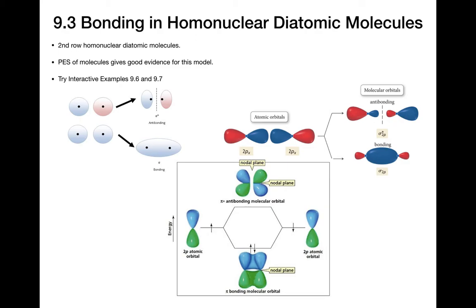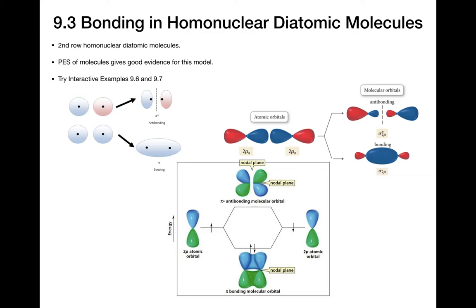The py's and the pz's would actually overlap the way they show in this box here. If you overlap them in a way where the pluses and minuses align, you would get what we call a pi bonding molecular orbital.